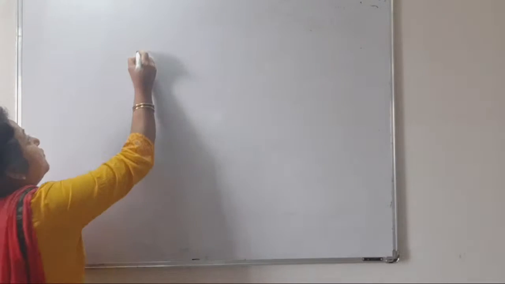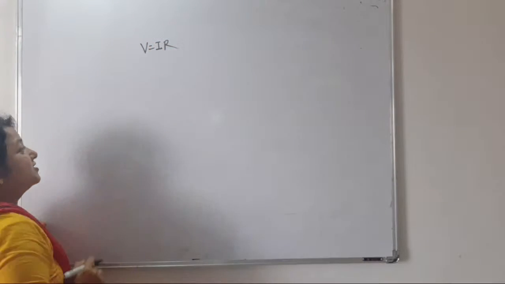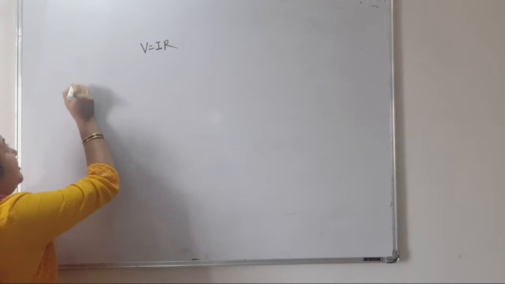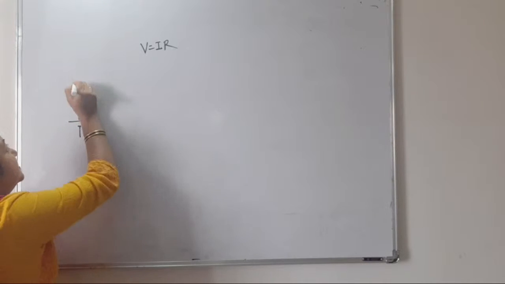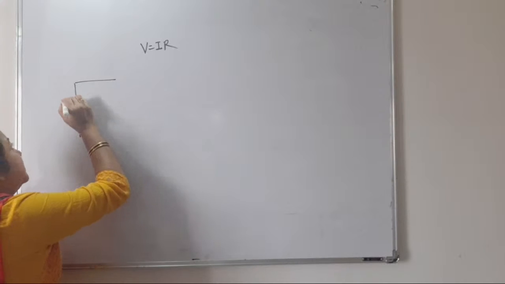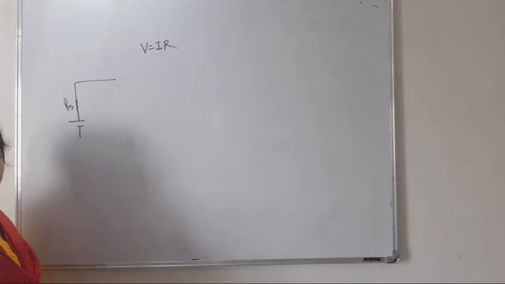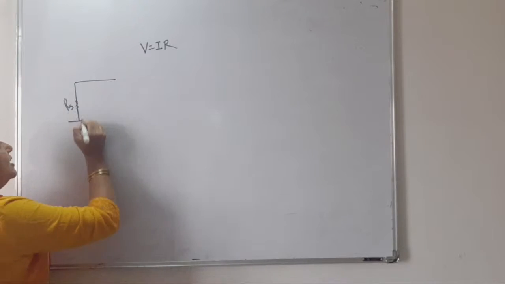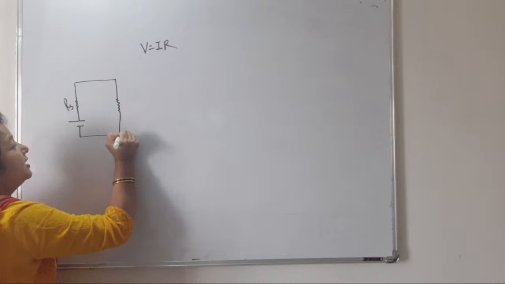The general equation of Ohm's law is V is equal to IR, where R is the external resistance. But every battery has some internal resistance, that is termed as Rs, source resistance. Internally present, but you consider that as the source resistance, and here is where we connect the output.